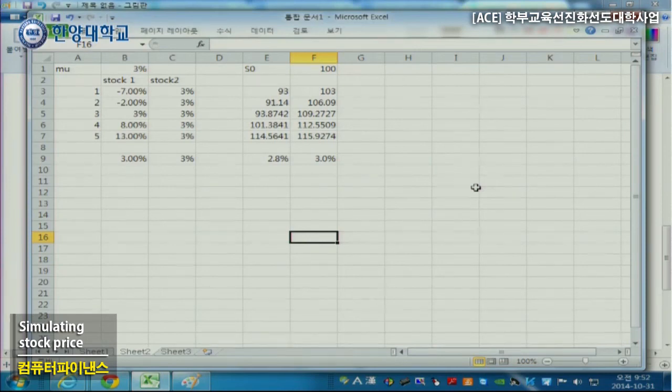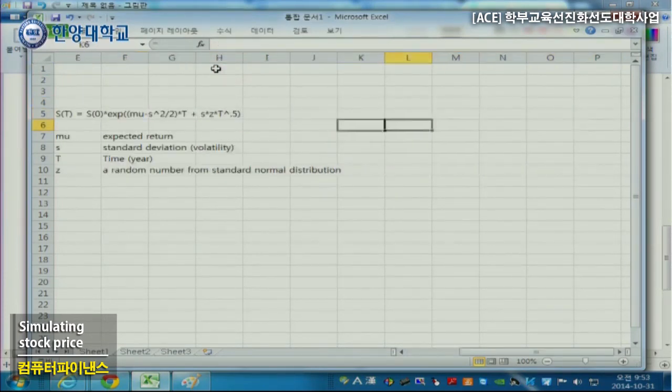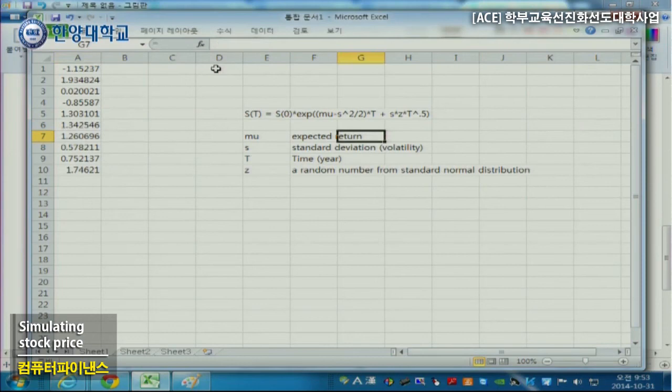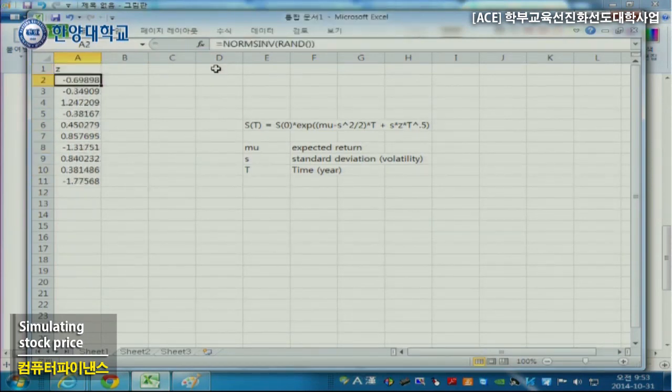Okay, so when we generate stock price, now we can simply use this one. So let's say mu, the expected return, is 7% per year.